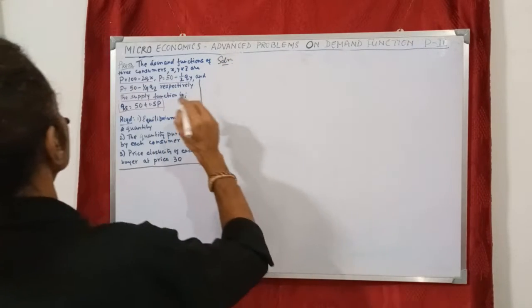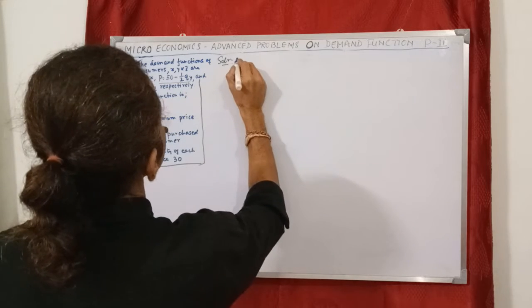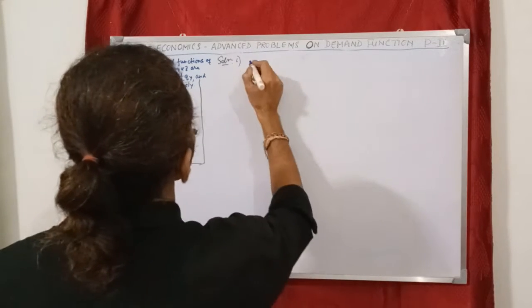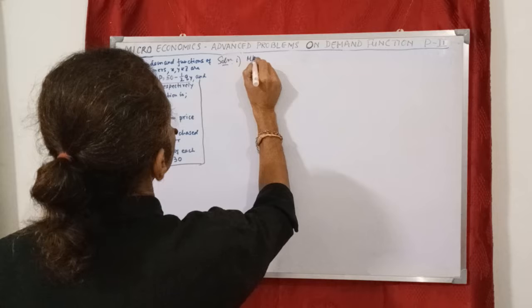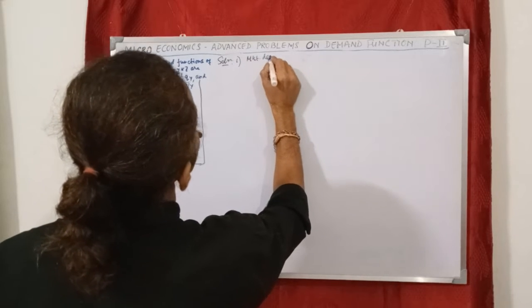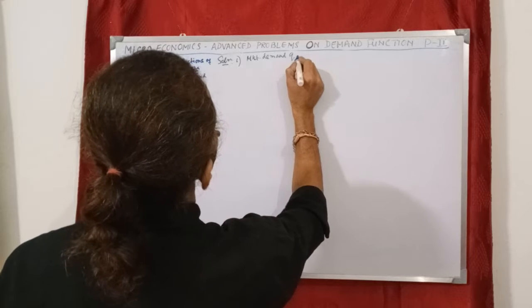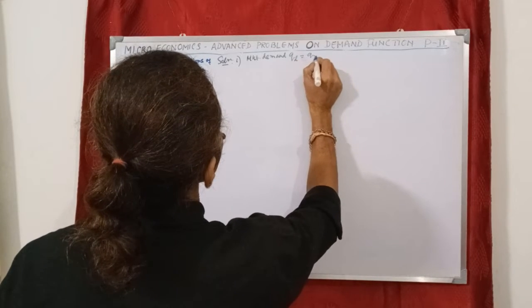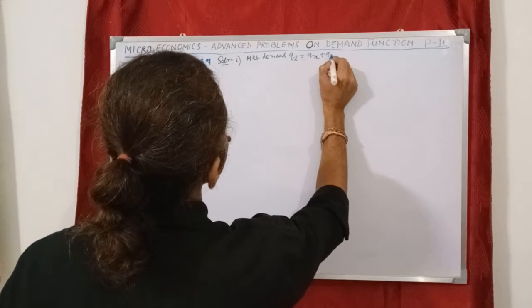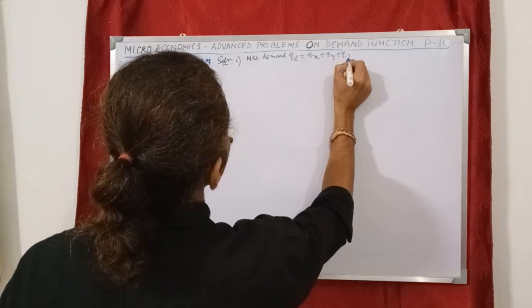Solution. Market demand QD is equal to QX plus QY plus QZ.